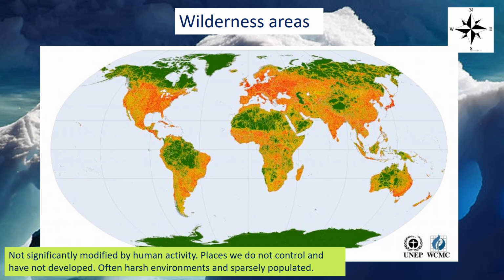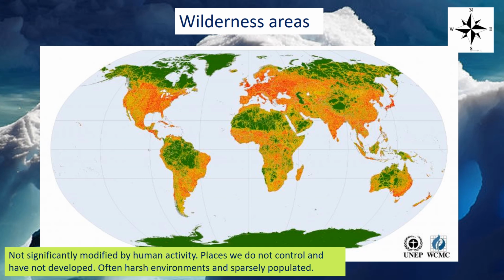So on this map here, wilderness areas are indicated in green. A lot of the hot deserts are wilderness areas. Some large parts of the tropical rainforest biomes are in Brazil, for example, but also mainly polar regions.